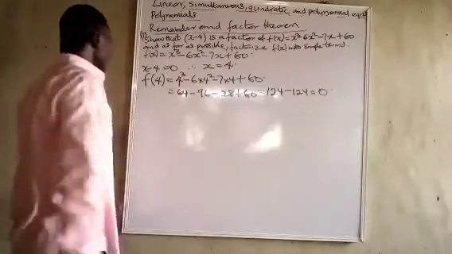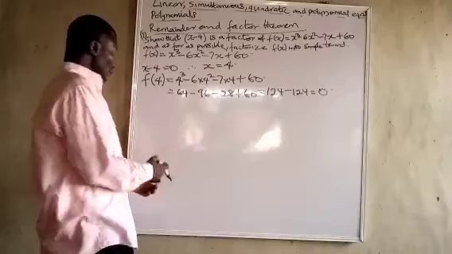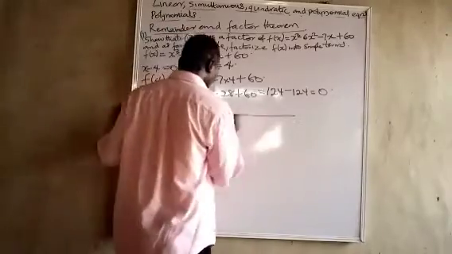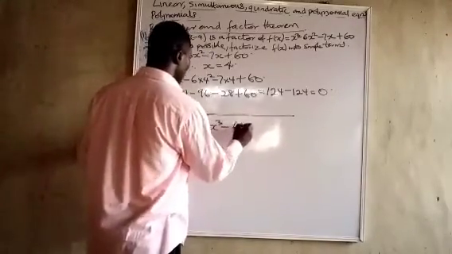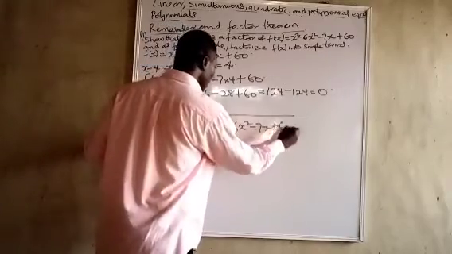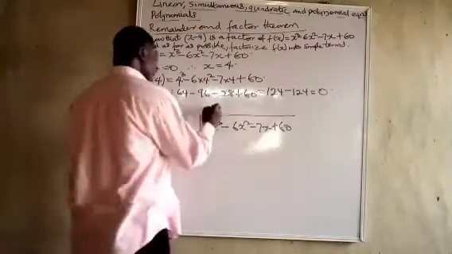The next thing is to divide this expression by x minus 4. You can do it in two major ways. You can do it using the long division method. So, x cubed minus 6x squared minus 7x plus 60 divided by x minus 4. Now, x into x cubed is x squared.